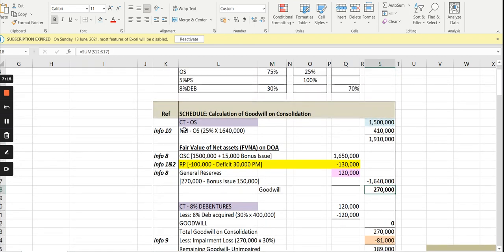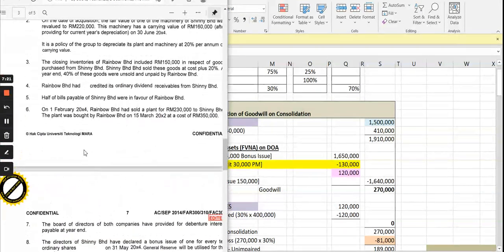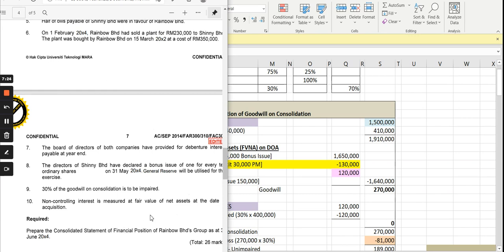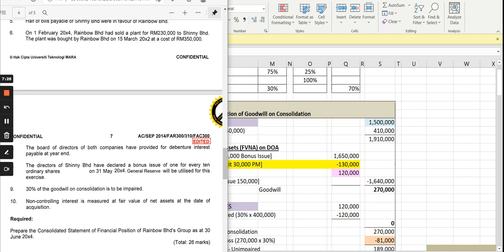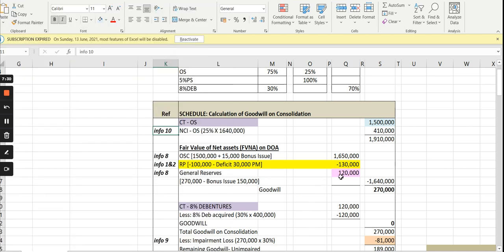Because the non-controlling interest, if you refer to information 10, you are informed that it is measured based on the fair value of net asset on the date of acquisition. So you need to settle the fair value of net asset calculation first, then find out how much is the non-controlling interest.